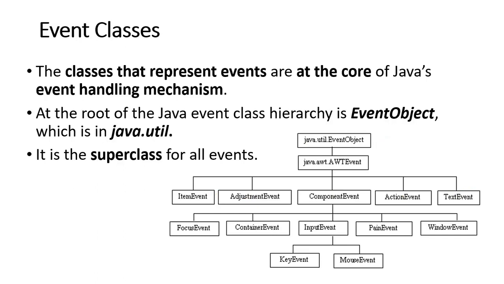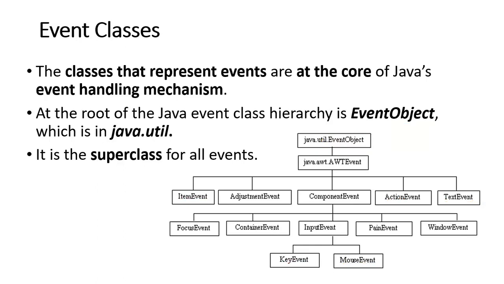The event related to text, the event related to selecting an item, the event related to typing something on a keyboard, the event related to mouse activities, the event related to a button click, all of them somehow directly or indirectly are inherited from this base class, and that is the EventObject class.